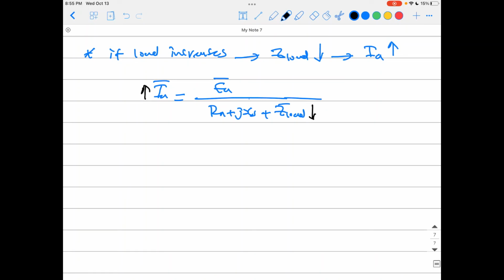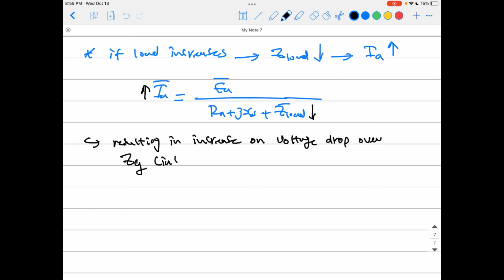This increase in current results in an increase in the voltage drop over Z generator, the internal impedance of the generator, RA plus jXS.